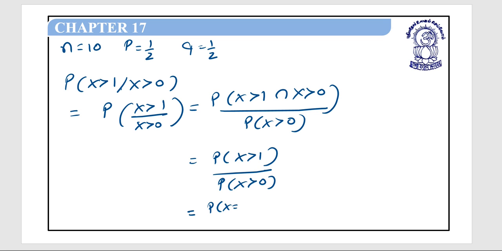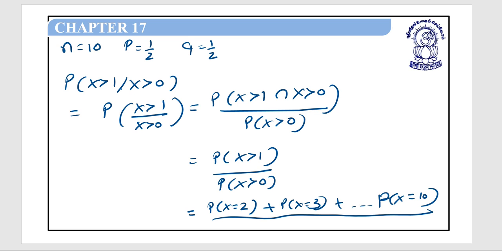So probability of x is equal to 2 plus probability of x is equal to 3 plus up to probability of x is equal to 10 upon probability of x is equal to 1 plus probability of x is equal to 2 plus up to probability of x is equal to 10.